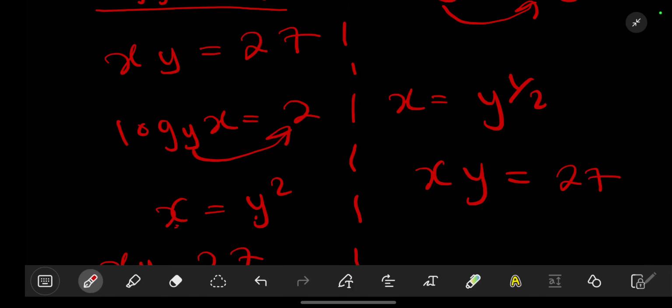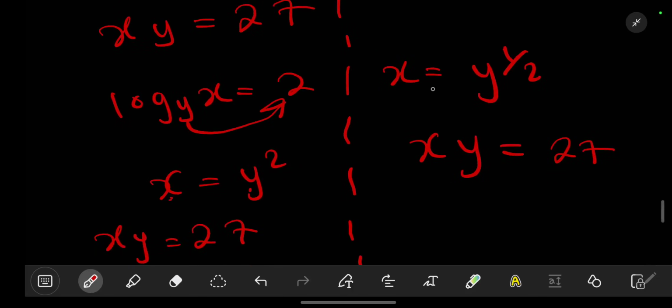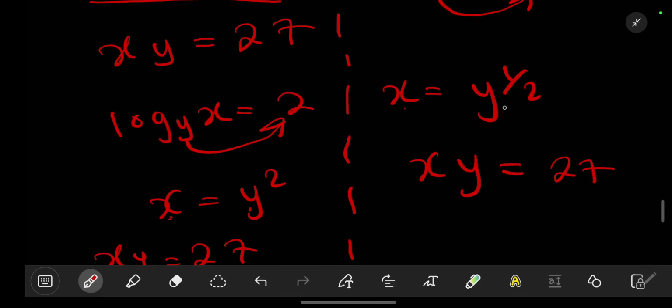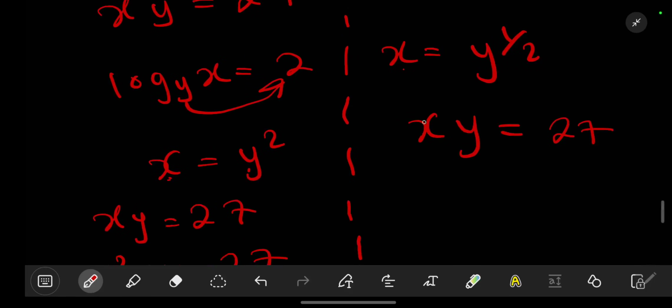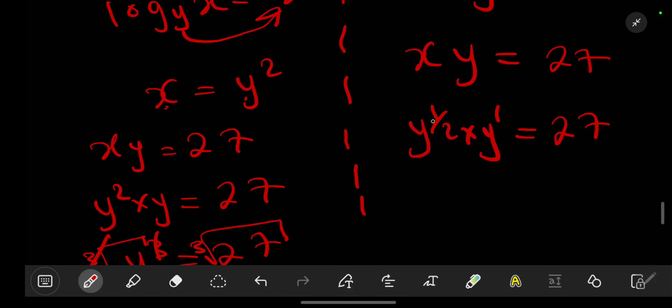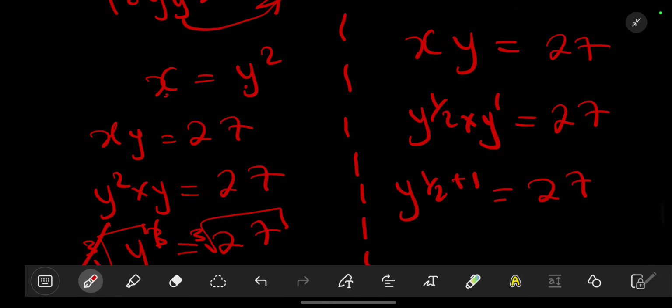So what we are going to do is say x is equal to y to the power half. So where there is x, we are going to put that. So y to the power half times y should be equal to 27. We pick one base, add the powers. So we are going to have half plus 1 should be equal to 27.